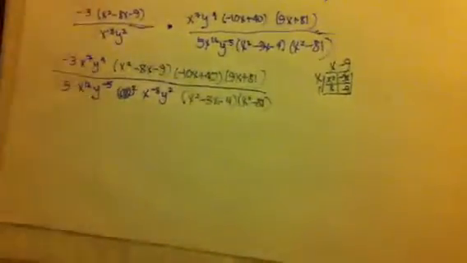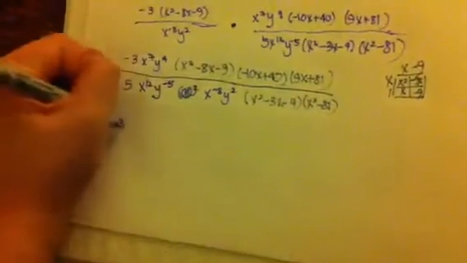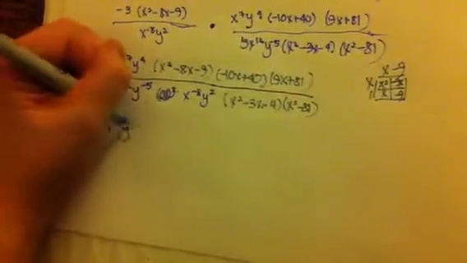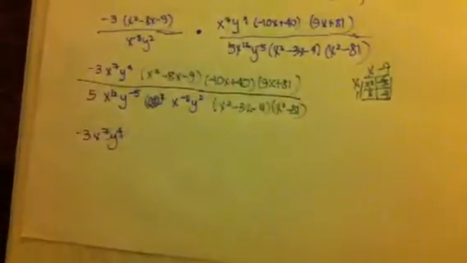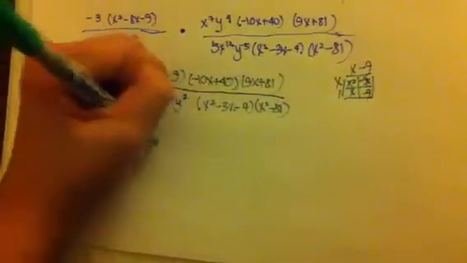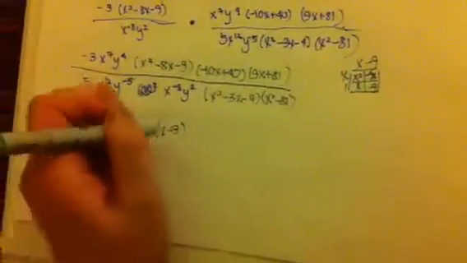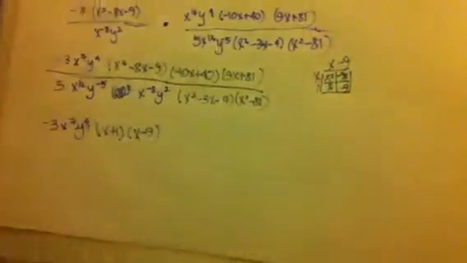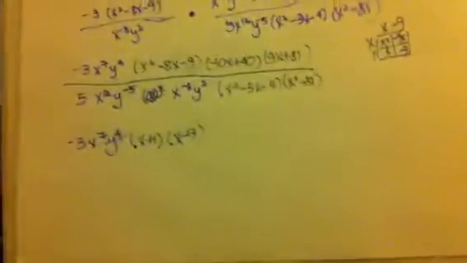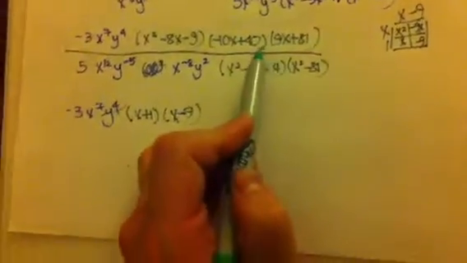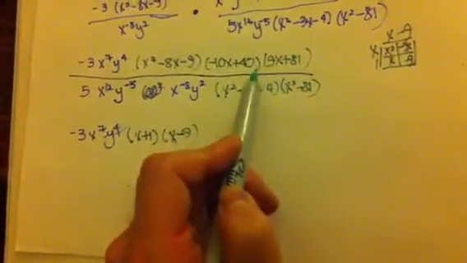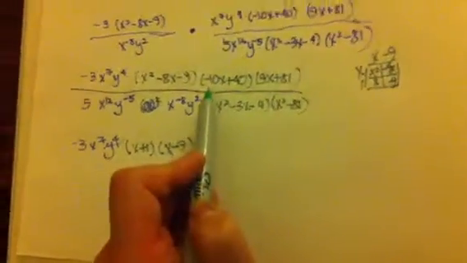When I rewrite this, instead of x squared minus 8x minus 9, I'm going to write x plus 1 times x minus 9, because they are the same thing, and now I can see if there is anything I can make ones with. Remember, even though this is not x squared, and you are super good at quadratic factoring, that doesn't mean you can't factor.